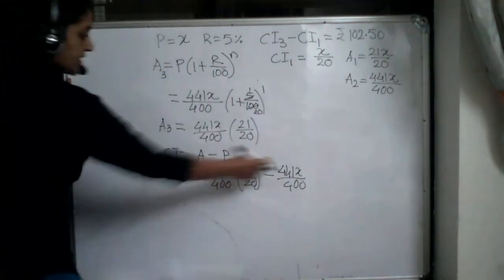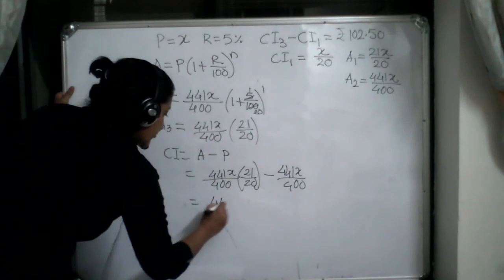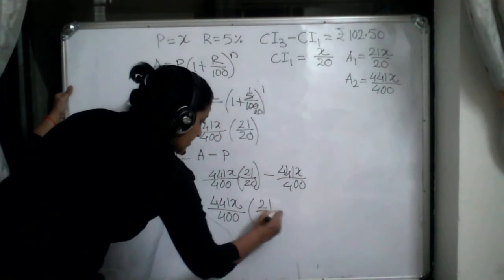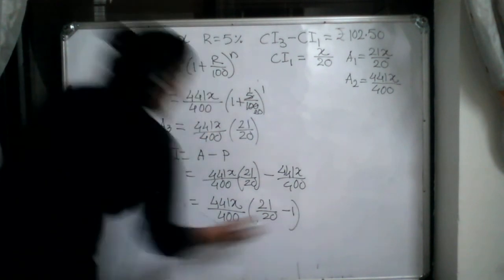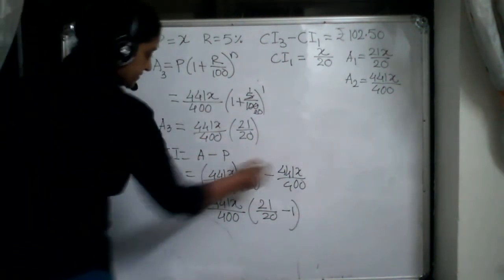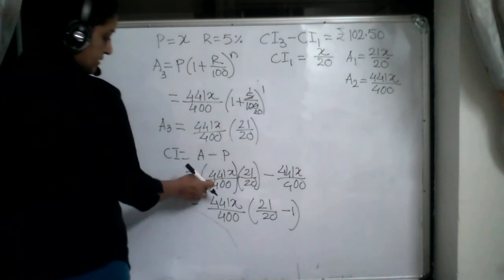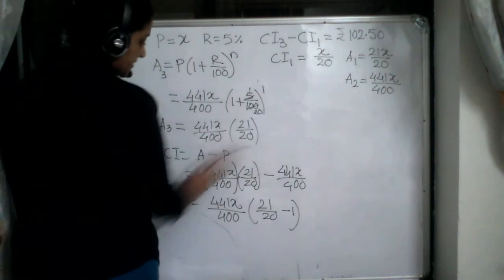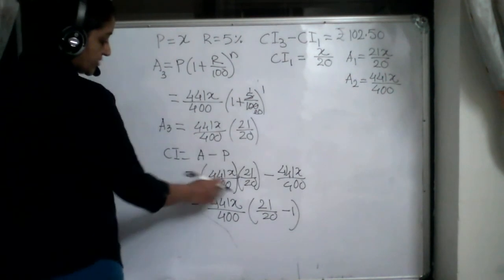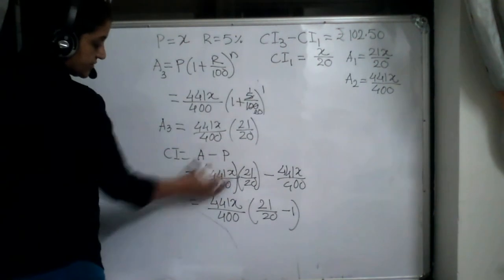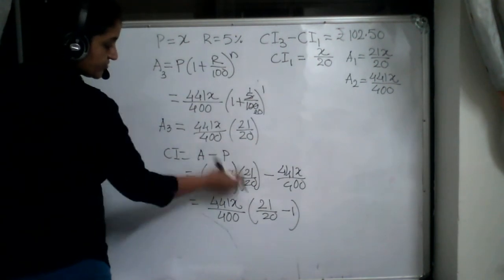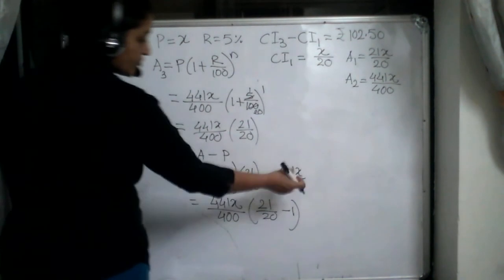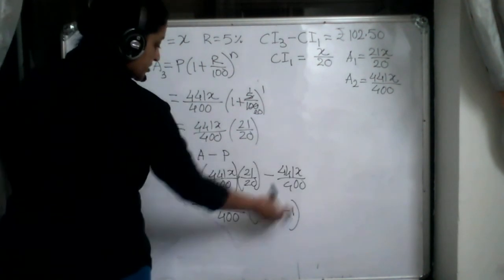Now I can take this away as common. 441x upon 400 into bracket 21 upon 20 minus 1. Now see, this is one bracket, this is another bracket, means these are two terms, and you are subtracting one from the other. Means 441x upon 400 can be taken as common, so what will remain as the first term in the bracket? 21 upon 20. Now when the whole thing comes out, the 1 will come in this position.